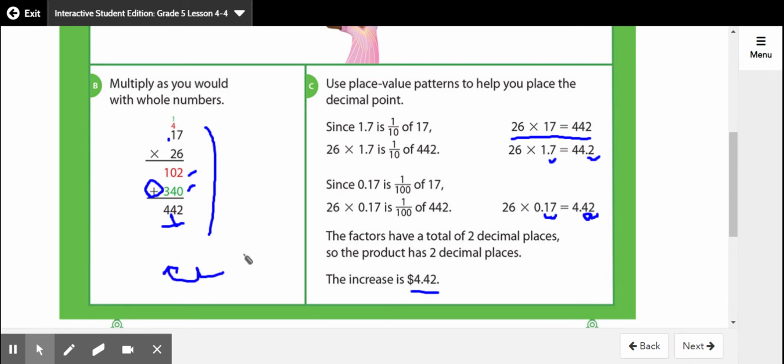So then on the 442, I also had to take my decimal point and move it 1, 2 over. Okay, just kind of like I did with the 17. All right, so there's the decimal. Bam, and there's my decimal. So it all worked out.